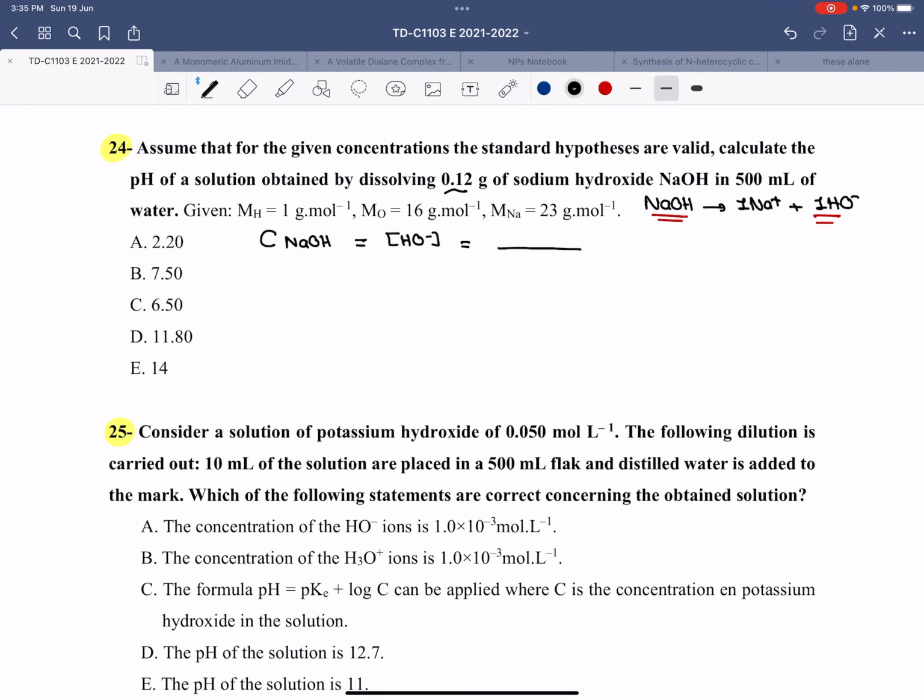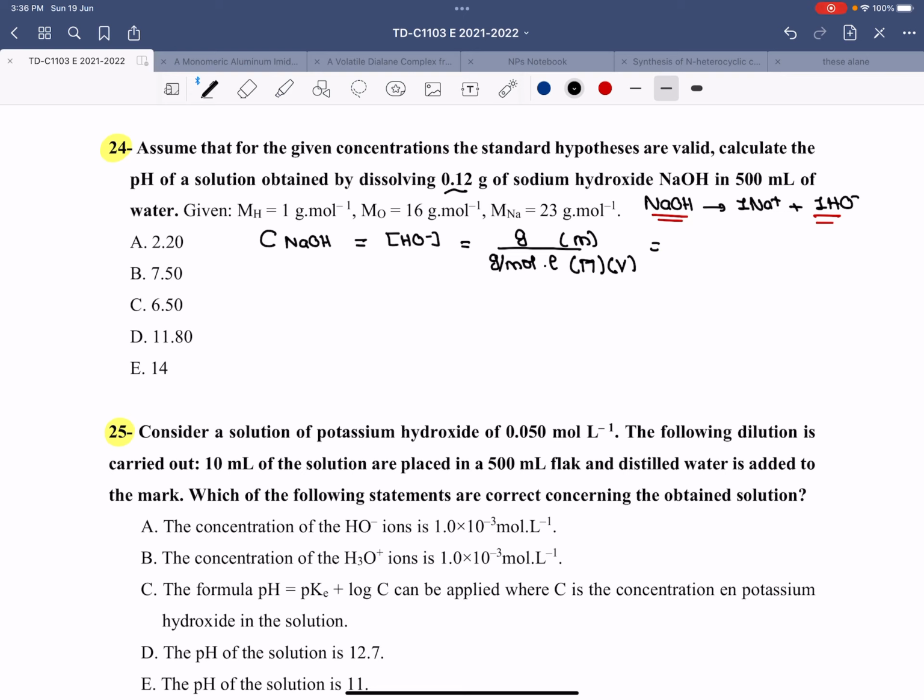All of you know that concentration is basically mole per liter. The mole is basically grams per molar mass. So the concentration is mass divided by molar mass times volume, with the molar mass in gram per mole.